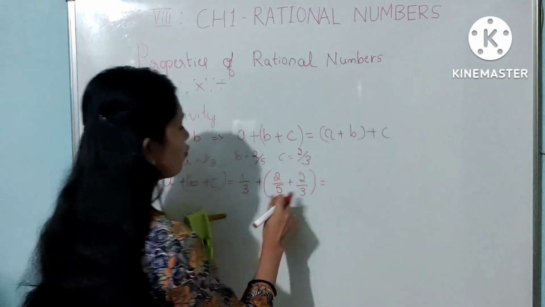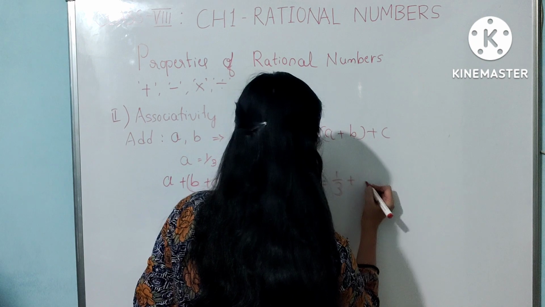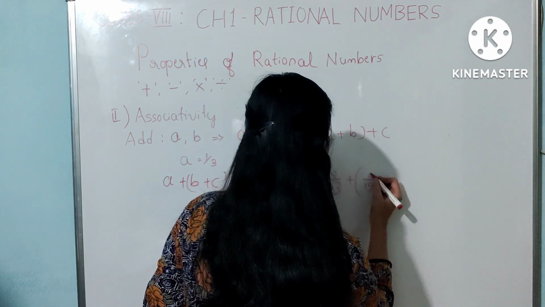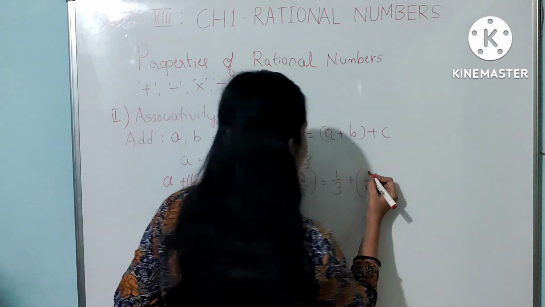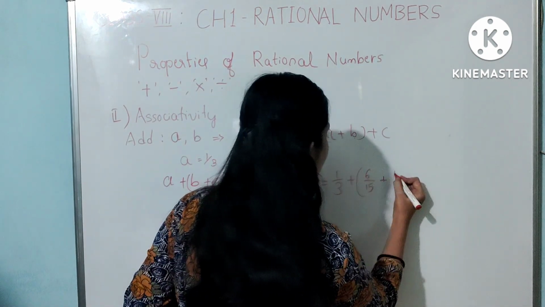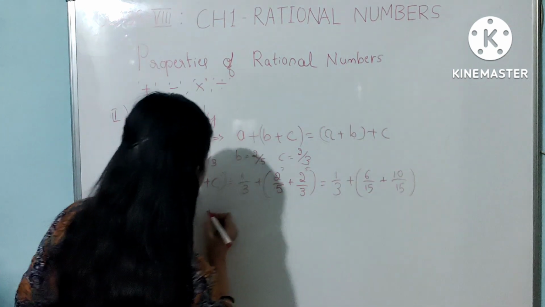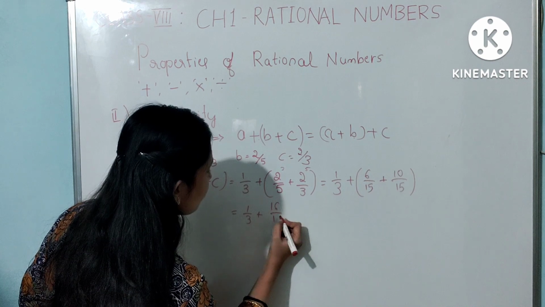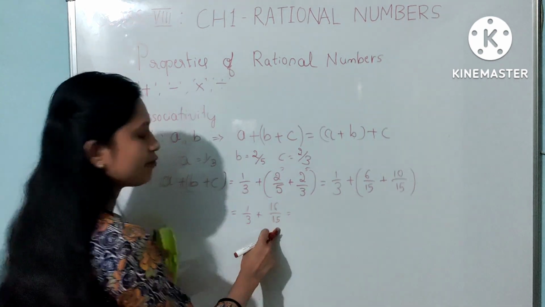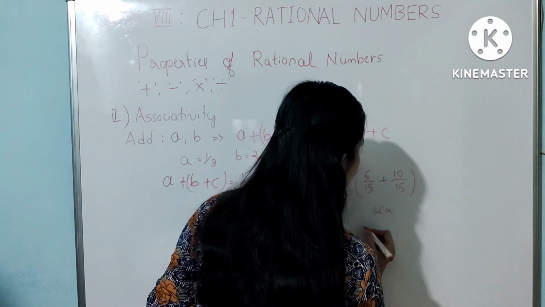What is the LCM of 5 and 3? It is 15. So 5 3s are 15, 3 5s are 15; 2 3s are 6, 2 5s are 10, right? So the value is 1 by 3 plus 16 by 15. Calculate the LCM of 3 and 15.